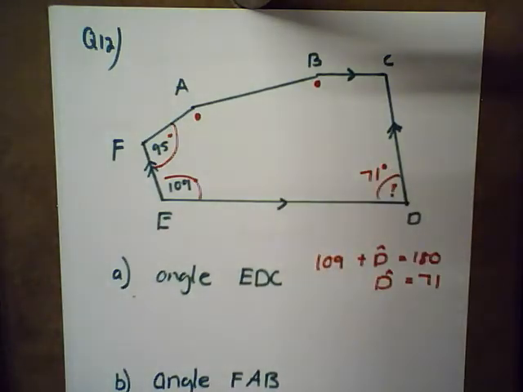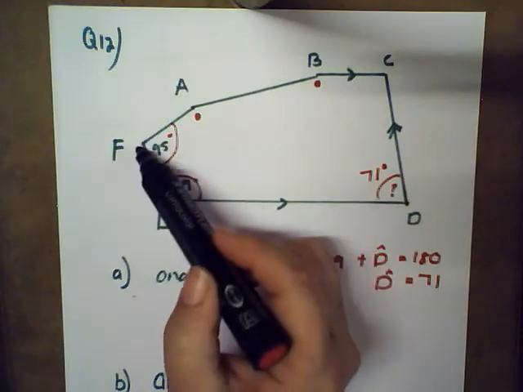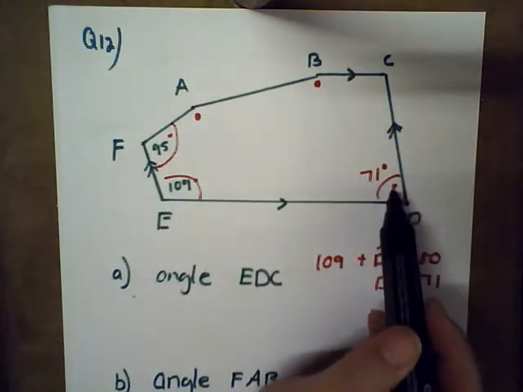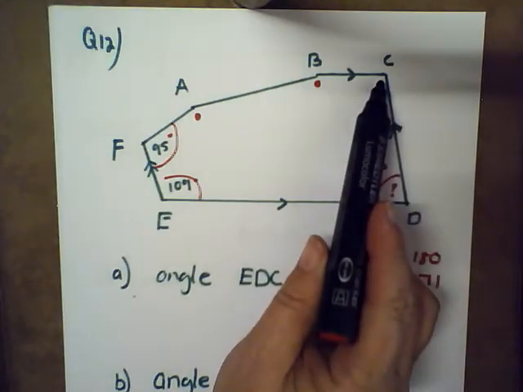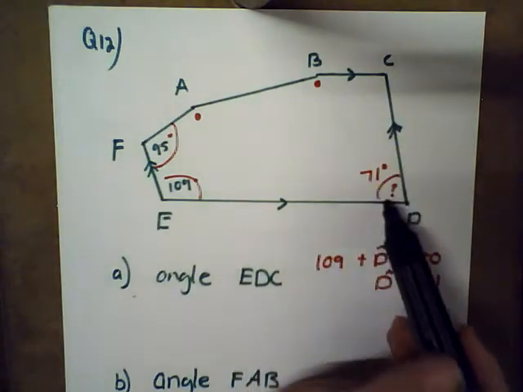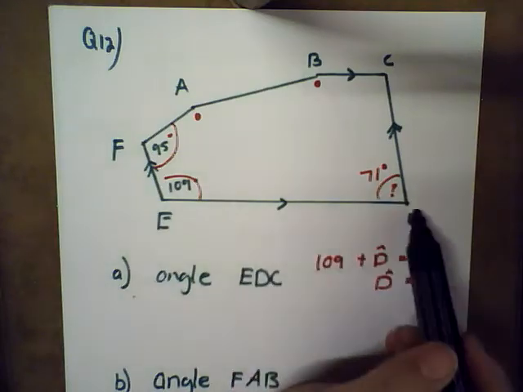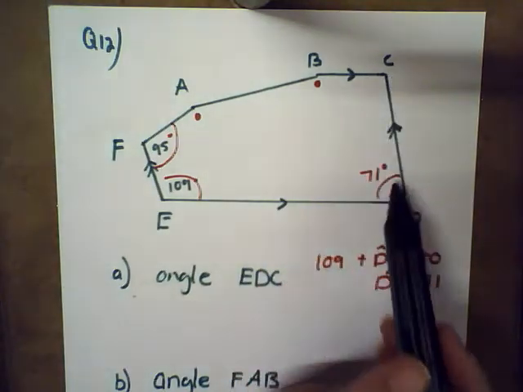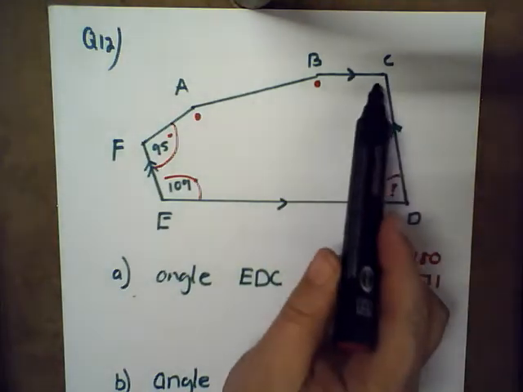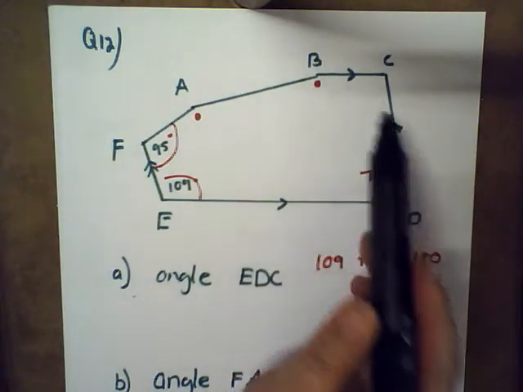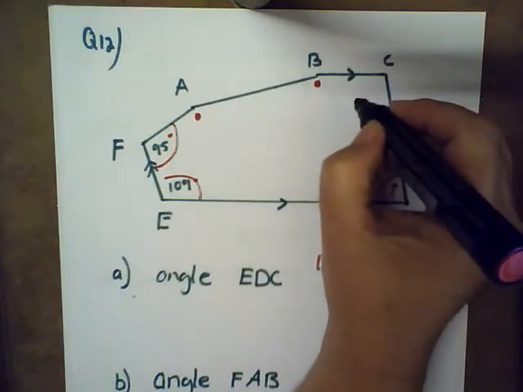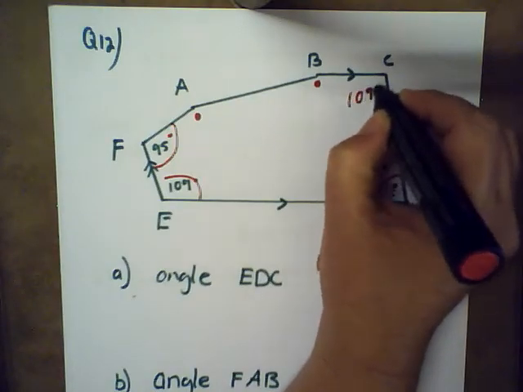Okay, the next one is angle FAB. We know that these two will add up to 180 degrees, because it's also two parallel lines and a transversal that cuts them, so the angles on the same side of a transversal will add up to 180 degrees, and that one should then be 109 degrees.